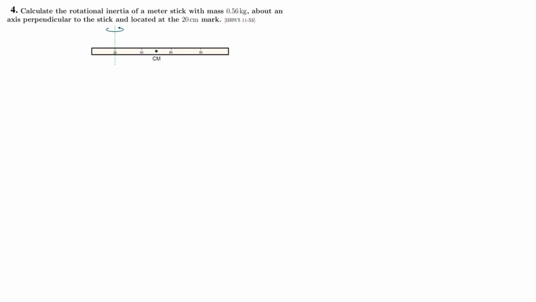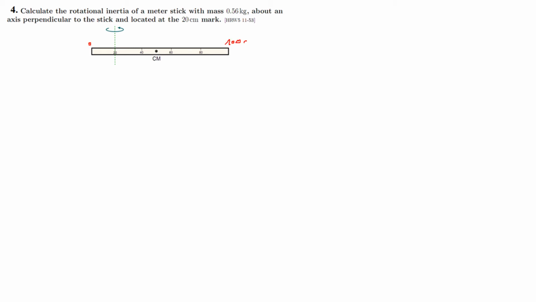Question number 4. We are given a challenging question here to calculate the rotational inertia, meaning moment of inertia, of a meter stick with a mass 0.56 kilogram about an axis perpendicular to the stick and located at the 20 centimeter mark. We have a 1 meter stick. This is a 0 mark, and here we have a 20 mark, 40 mark, 60, 80, and 100 mark.